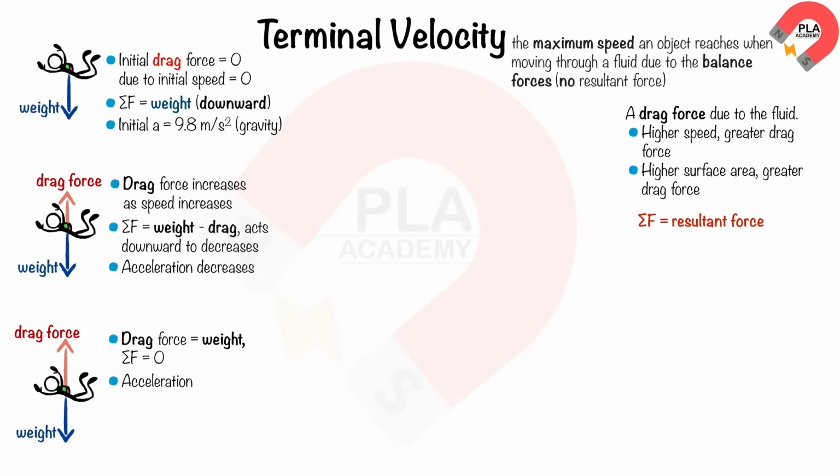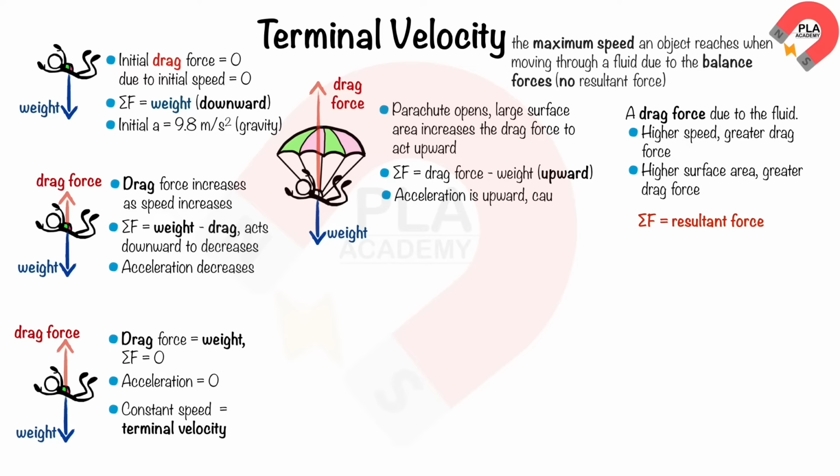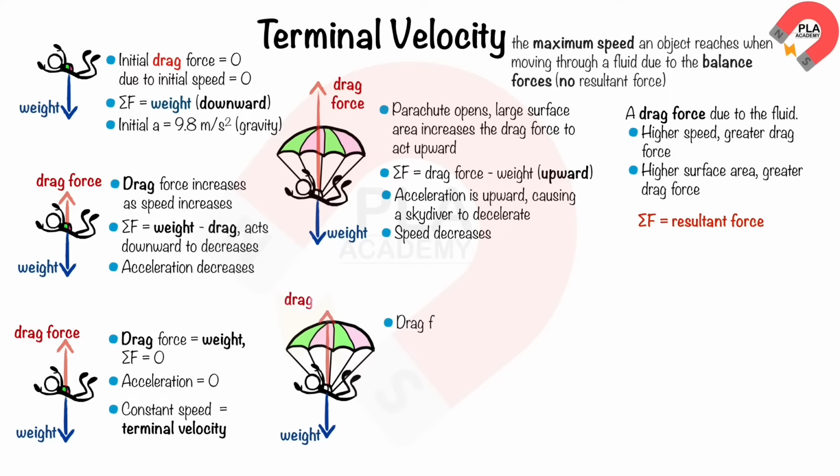When a parachute is opened, the large surface area increases the drag force, which acts upward. This causes the resultant force to be drag force minus their weight, which acts upward. Since the acceleration is also upwards, the skydiver decelerates, and their speed decreases. As time passes, the drag force acts upward and decreases as speed decreases.